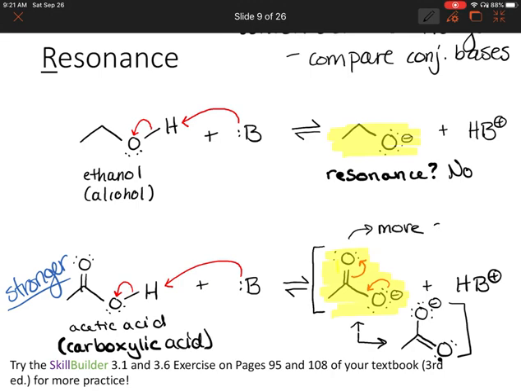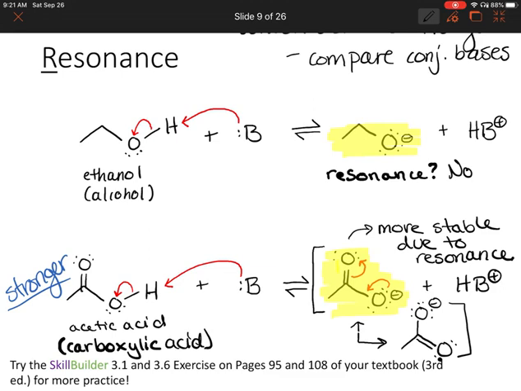And we'll write a little note. More stable due to resonance. And feel free to redraw those resonance structures side by side. I just ran out of room on my page, but normally we would try to show them side by side or above and below each other, just to make it a little neater.